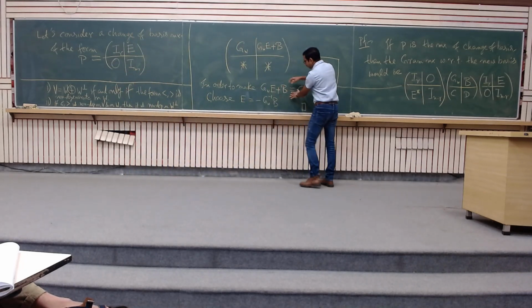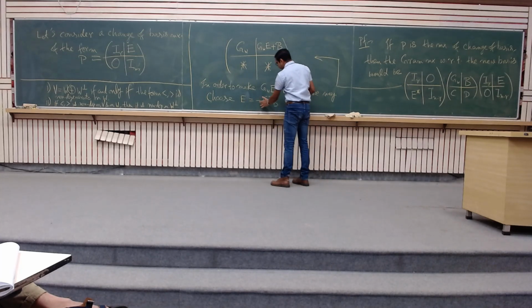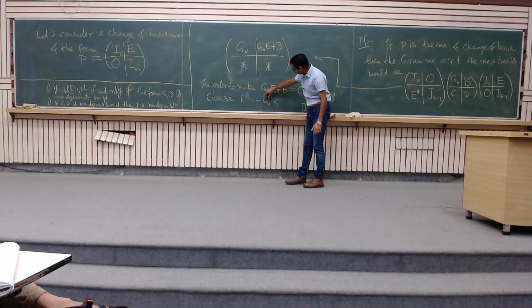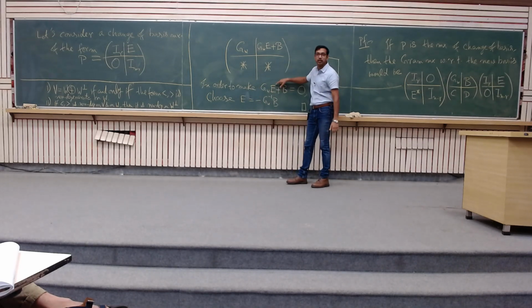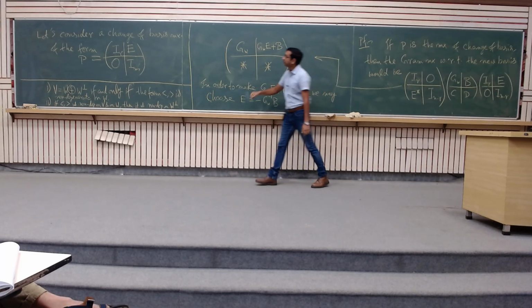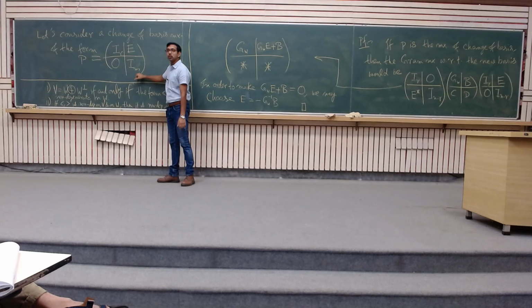Right. So here, okay, up to this, it's clear by the block multiplication, right? And then we are just putting E to be equal to minus GW inverse B. And we can indeed put E equal to this in this one. What happens? This GW times GW inverse becomes identity, and you are getting minus B there. You sum it, you get 0 there. Okay. So if GW is invertible, you are allowed to choose in this manner. I mean, whatever E you choose, this matrix is always invertible, right?